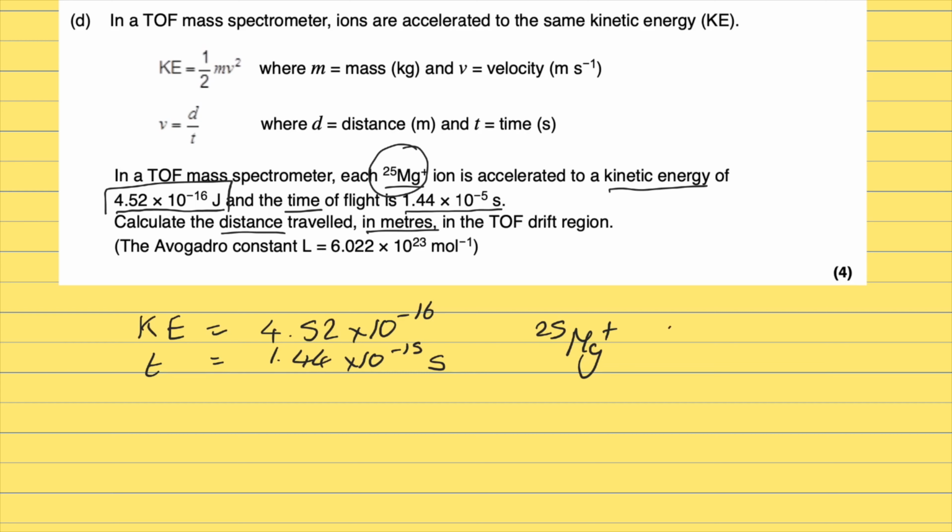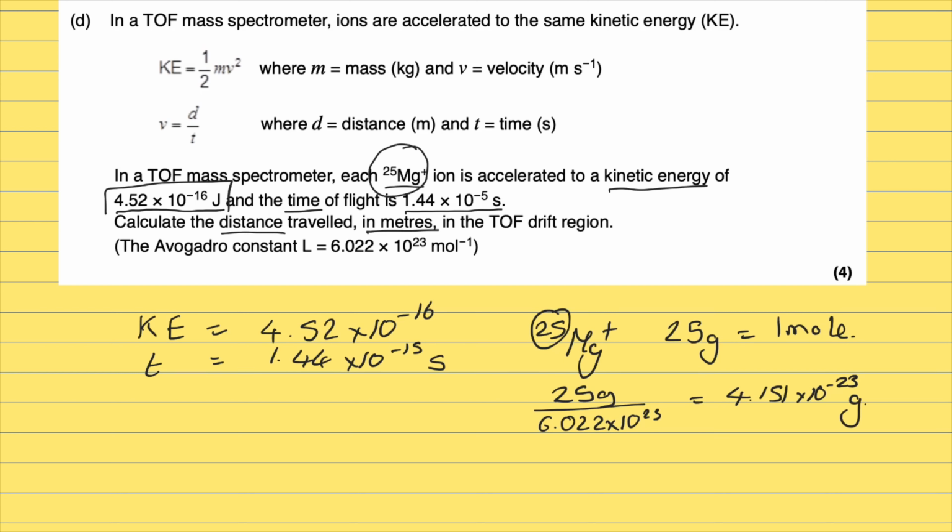So we know that 25 grams of this substance is 1 mole because it's 25. So if we divide 25 grams by Avogadro's number, that will tell us the mass of 1 Mg plus ion, which is 4.151 times 10 to the minus 23 grams.